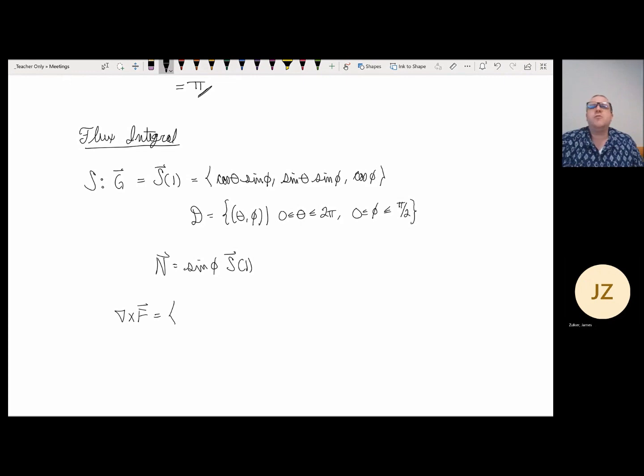Now we have to evaluate curl. Thankfully this curl is very nice.